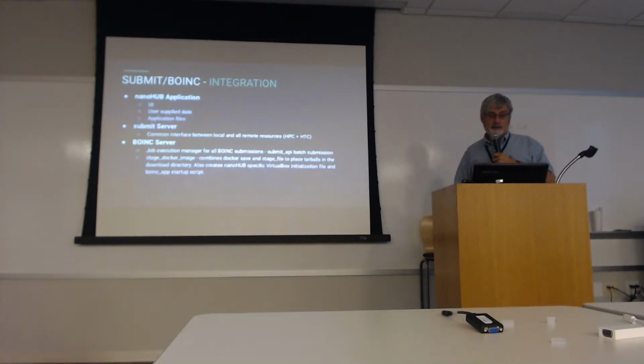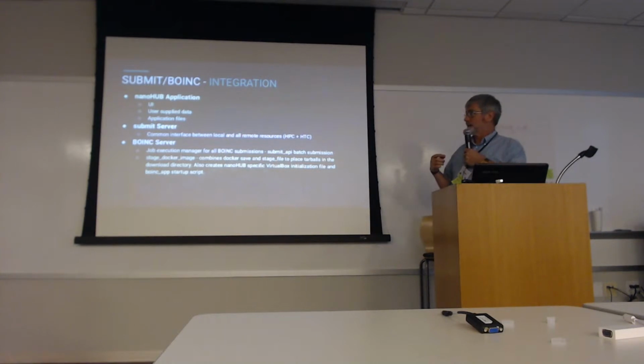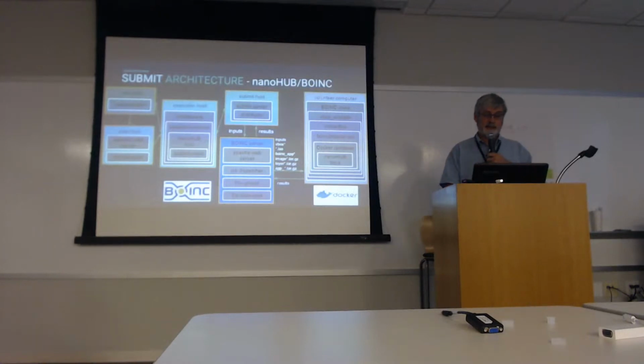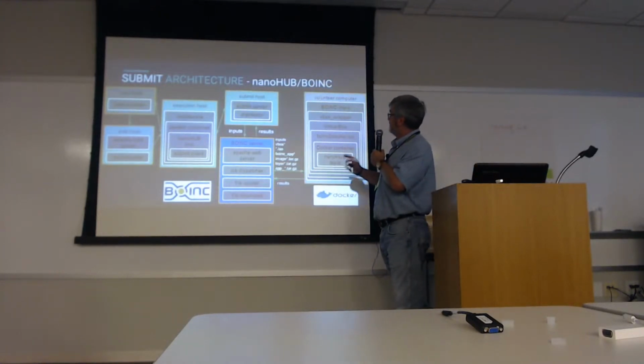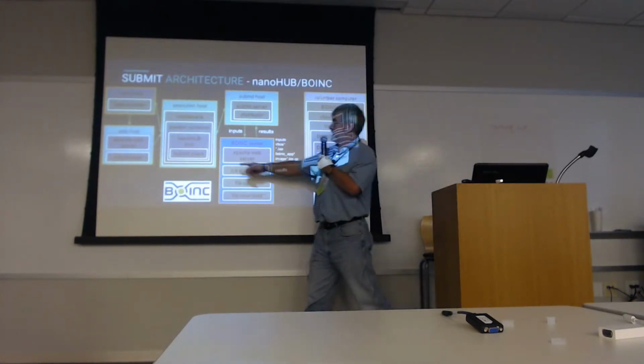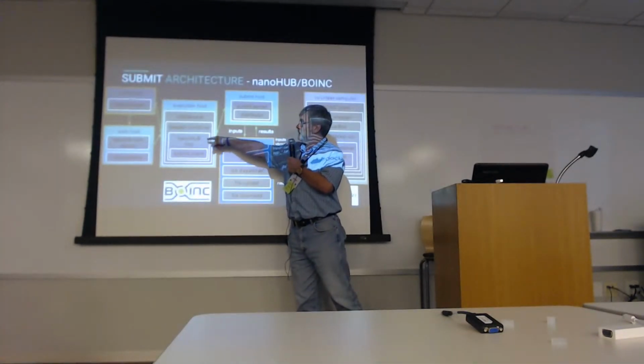Okay, so I had the picture earlier where we talked about XSEDE and BOINC and Open Science Grid and a few others. So how do we do that? On the picture here, we have four major components. There's the execution host where the user is connected.